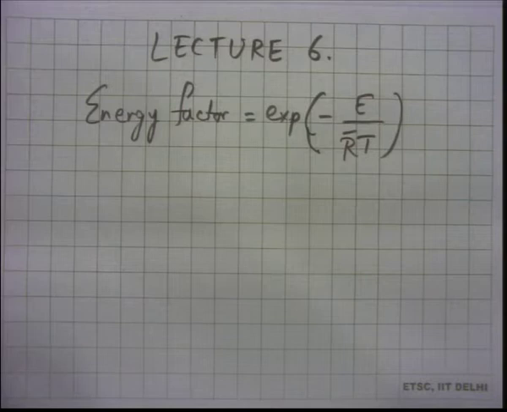So, at 310 Kelvin you get a number for the energy factor which is about 2.5 times the factor that you get at 300 Kelvin. So, this was 69.1 kilojoule per mole, which was for H plus O2 giving you OH plus O, that reaction.